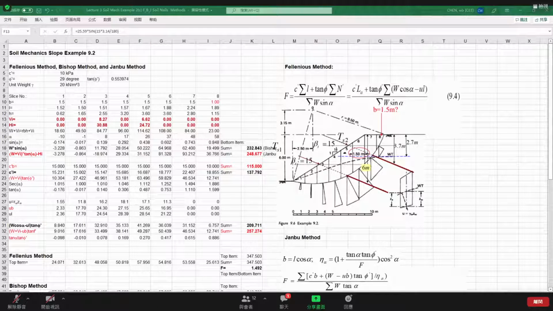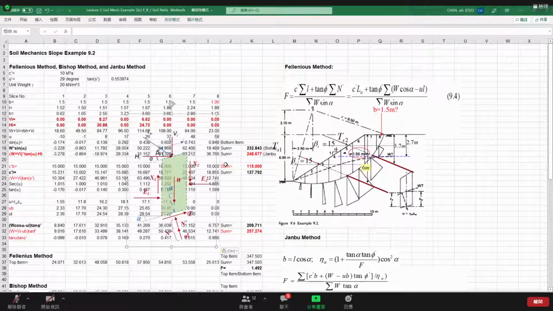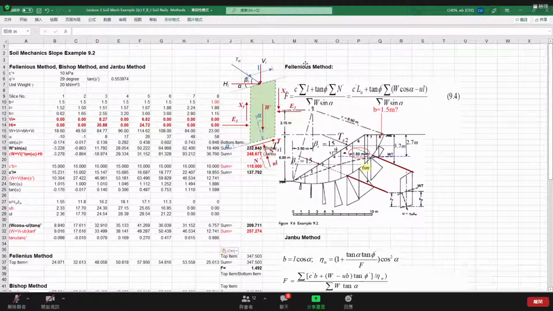So let me copy another figure to help you be more clear. Here, this one, you still remember, right? How can we consider this effect of the soil nail?